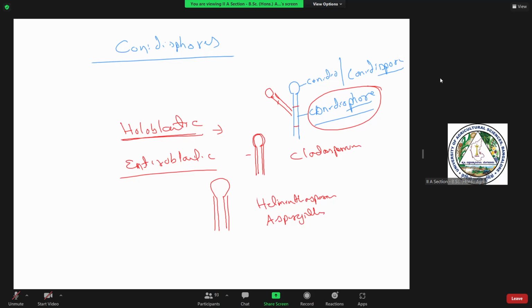When we talk a little more about asexual reproduction, how these are different: whenever we talk about asexual spores, you will come across either a conidium, a zoospore or an aplanospore.